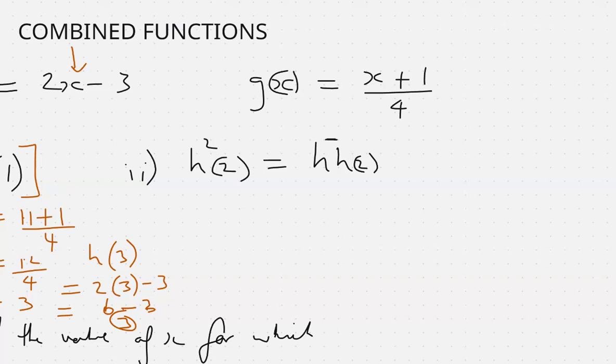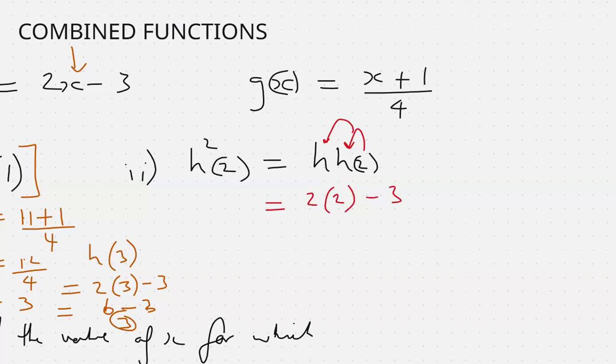So h squared of 2. What this means now, ladies and gentlemen, is you're going to put 2 into h. Pay attention to the arrow. I'm going to put the 2 into the h. It's going to produce an answer. Take that answer and put it right back into h again. So you're putting the answers twice into the same function. This works out nicely to be 2 times 2 minus 3, that is 4 minus 3, that is 1.